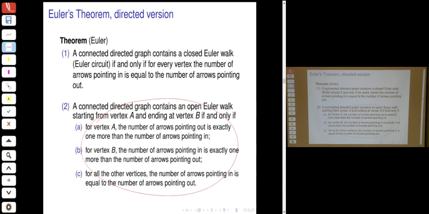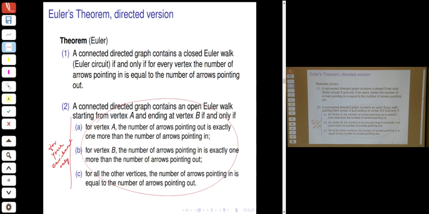But as you can see, it is substantially more complicated than the case of undirected graphs. So the statement will be for your enrichment only, not to be tested in the exam.